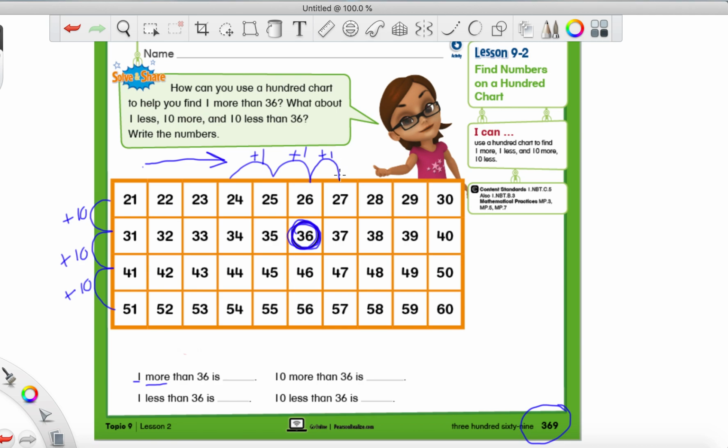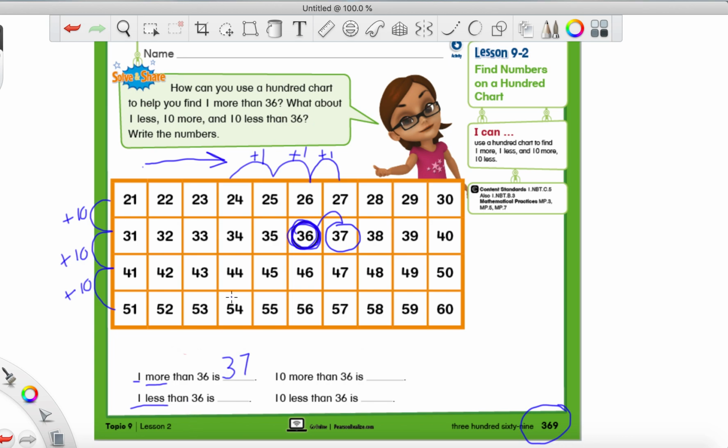That's going to be a plus 1. So if we hop over 1, what number do we land on? We landed on 37. Okay? Simple so far, right? No problem here.